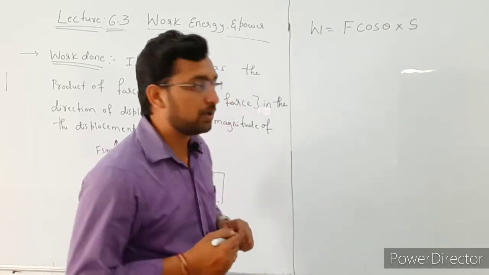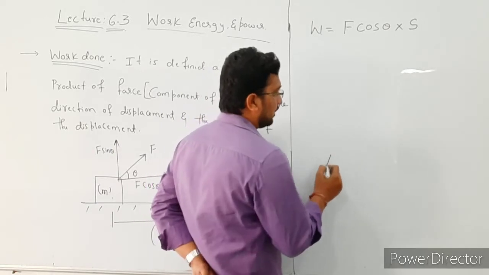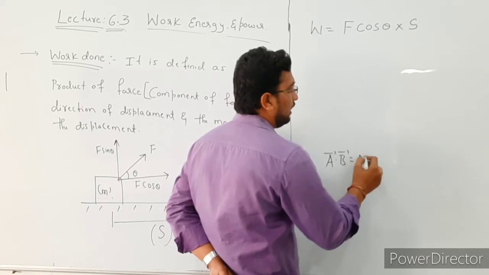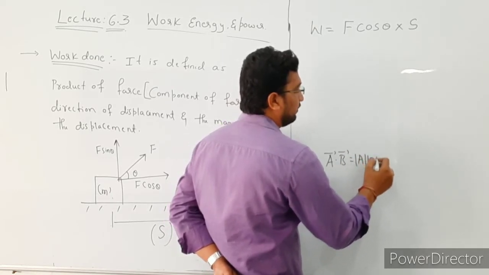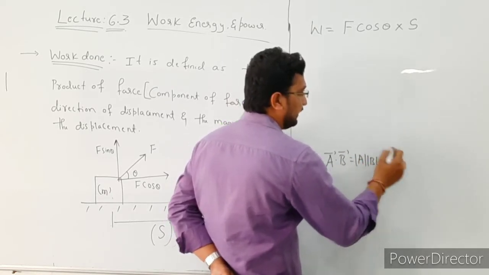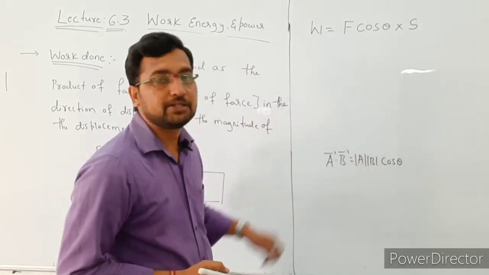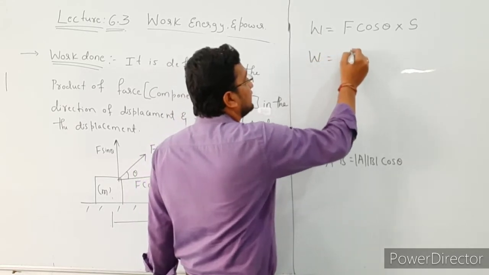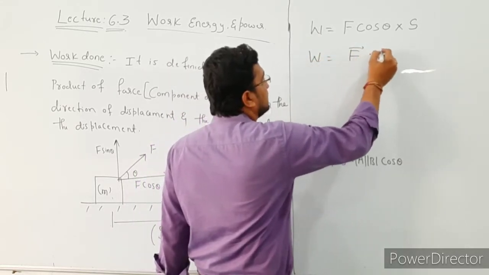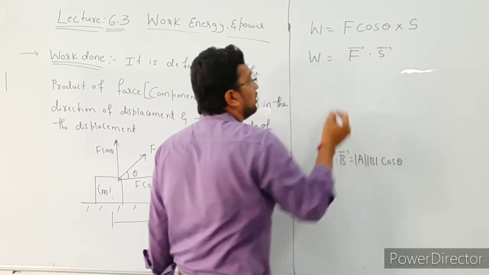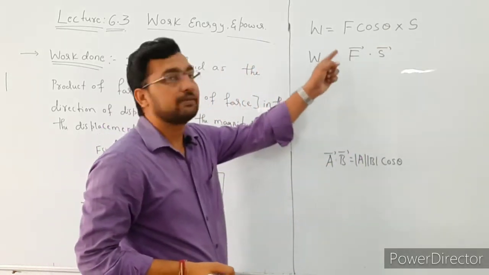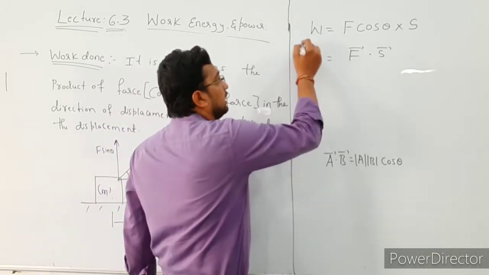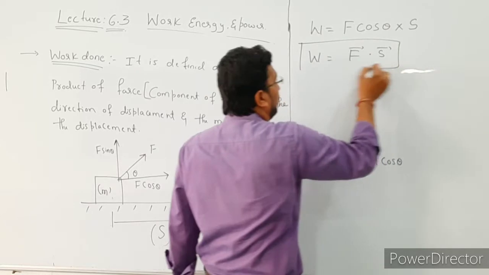From the definition of a dot product, we already know that the dot product of any two vectors, for example A vector dot B vector, is equal to magnitude of A into magnitude of B into cos theta. From this definition, we can write the work done as F vector dot displacement vector. Its value is F cos theta into displacement. So the work done is a dot product.